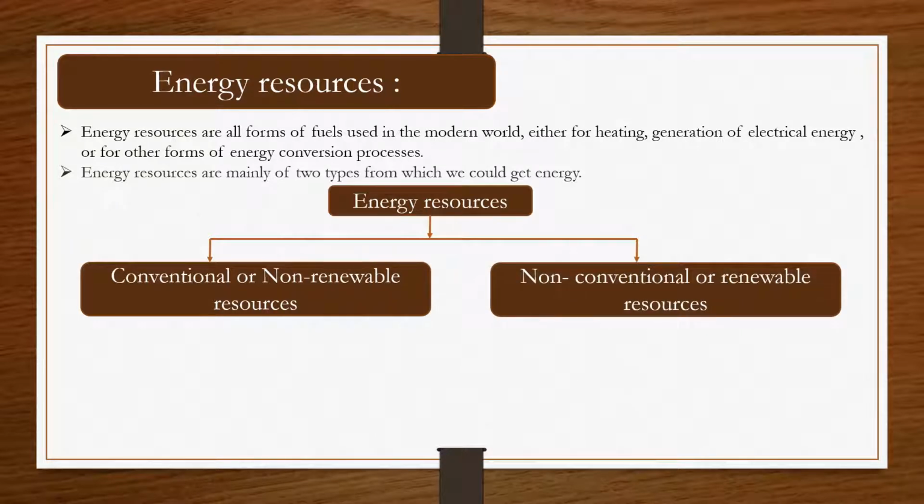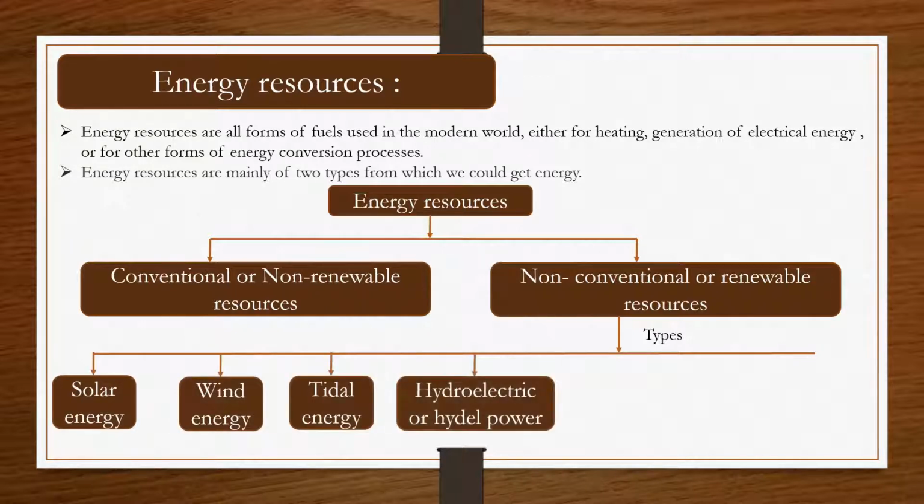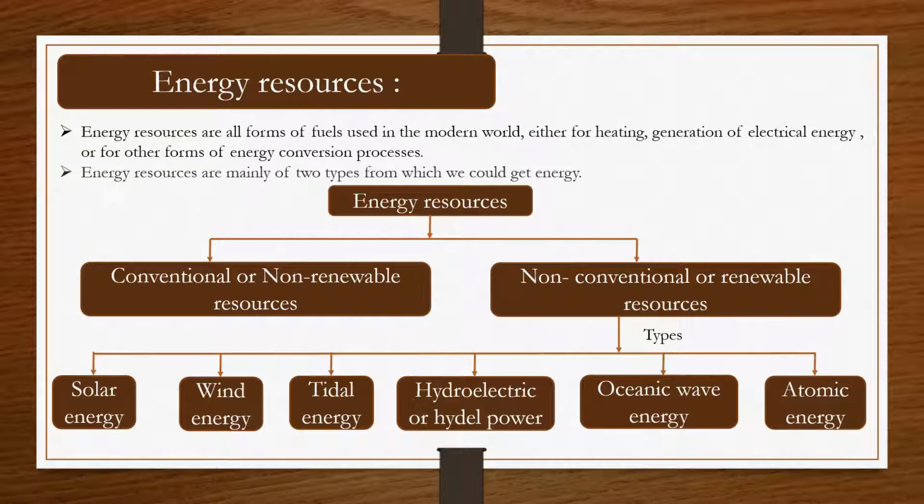Further, non-conventional or renewable resources types are solar energy, wind energy, tidal energy, hydroelectric power, oceanic wave energy, and atomic energy. Now students, we will understand the types of energy resources as conventional and non-conventional, and the types of non-conventional resources in detail.